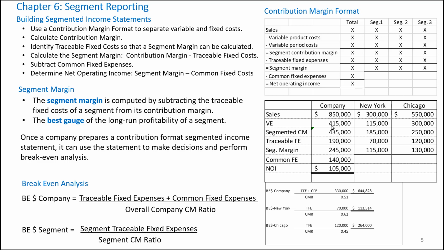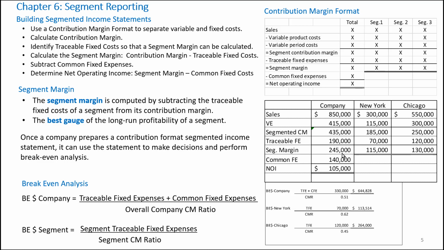Then the segmented contribution margin is the total of the contribution margins for each of the segments. The traceable fixed expenses is the total of all traceable expenses to each of the segments. And then the segment margin, same thing. It's the total of the segment margin for each of the segments.